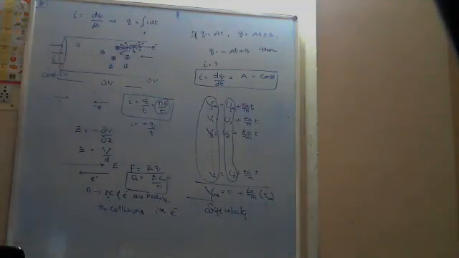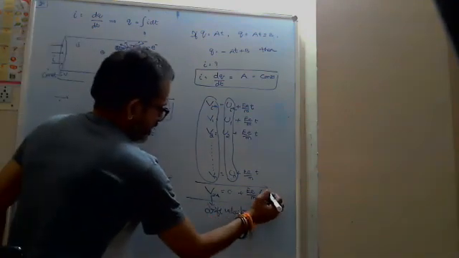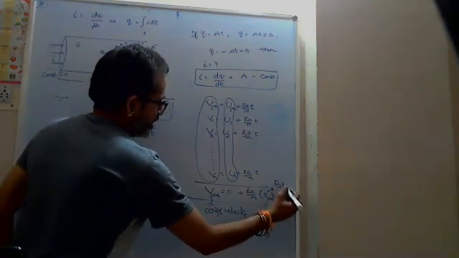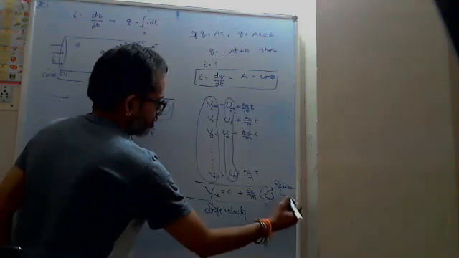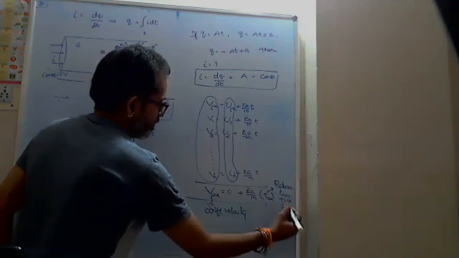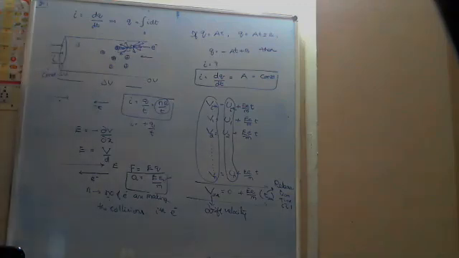That average time is called the relaxation time, represented with tau.